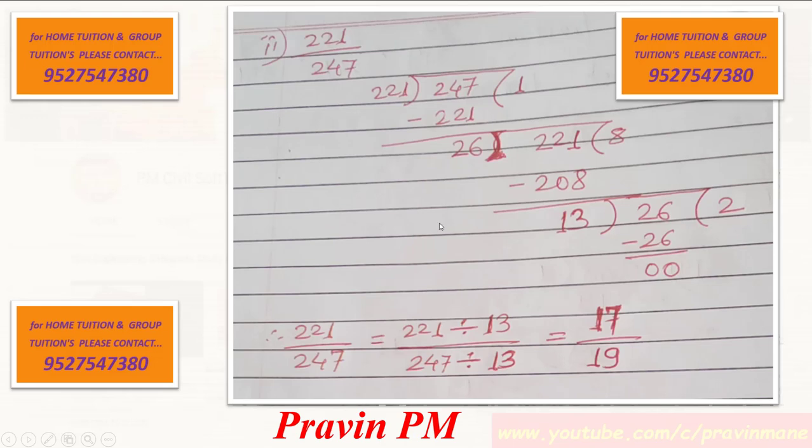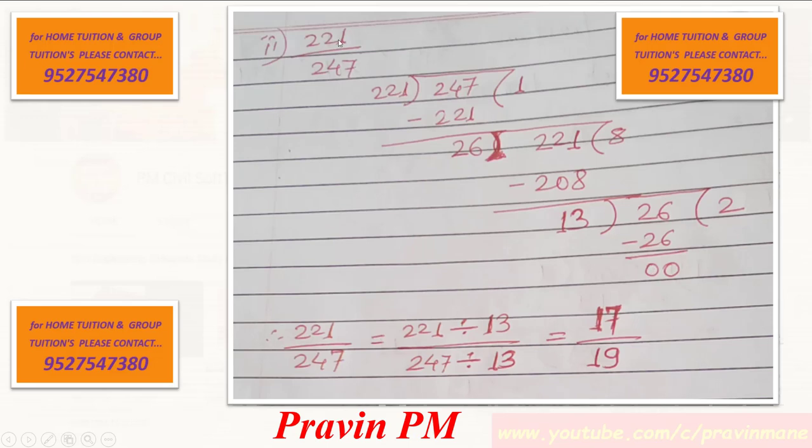Do the same way. In an earlier practice set, practice set 12 or 13, I explained the detailed procedure of finding the HCF by the long division method. So this is how you have to do the long division method.